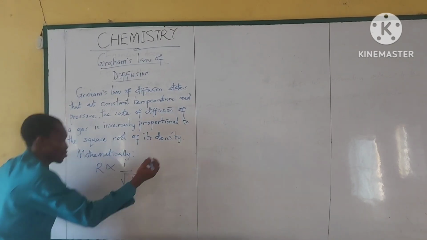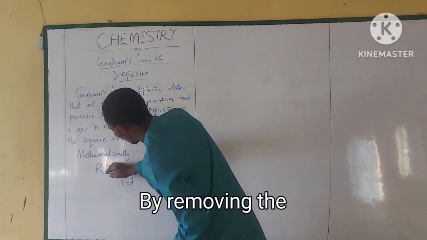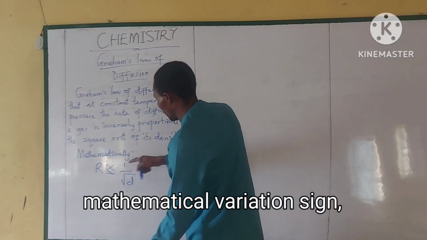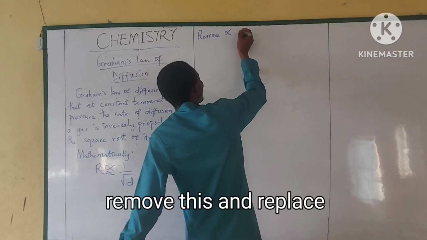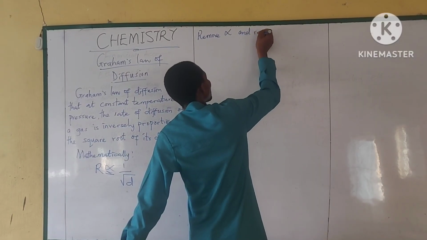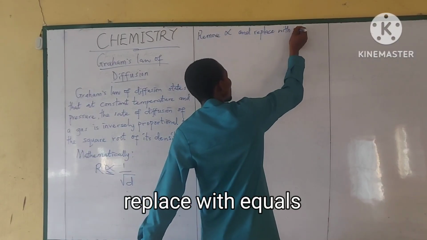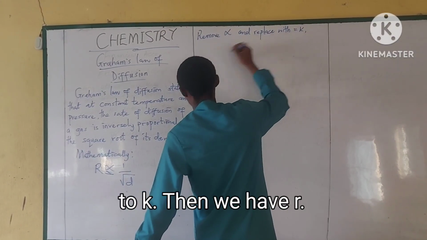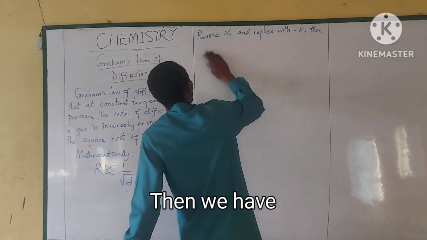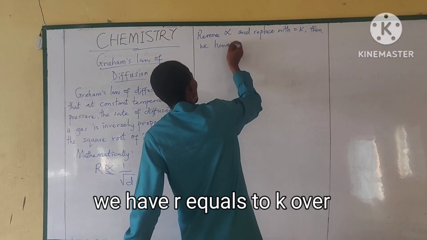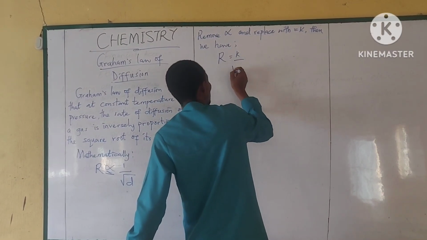From there, we can come over here to say R, by removing the mathematical variation sign, remove this and replace with equals to K. Then we have R equals to K over root of D.